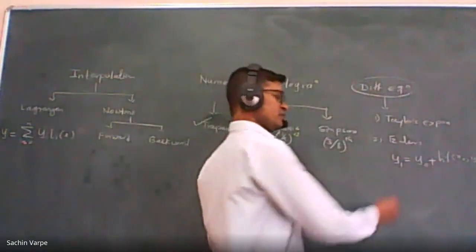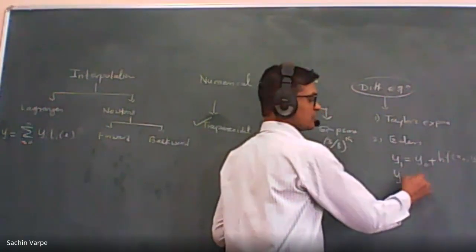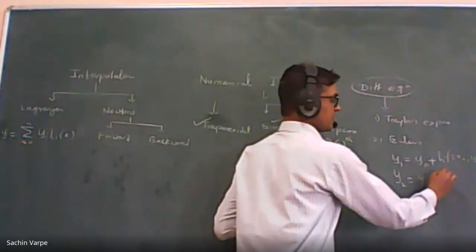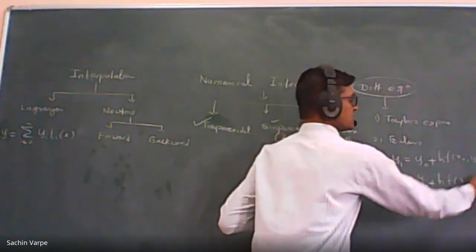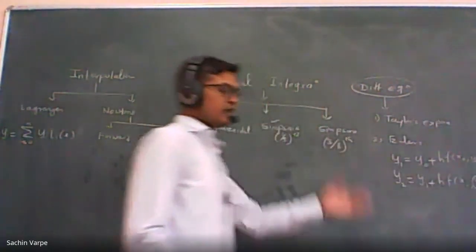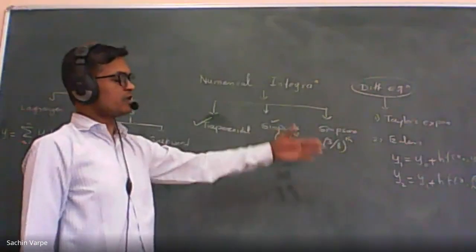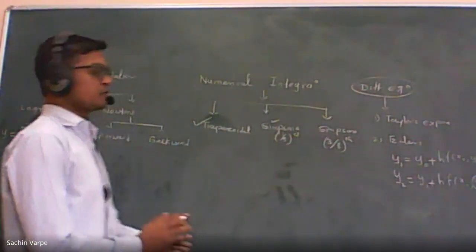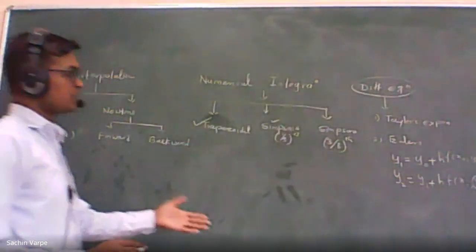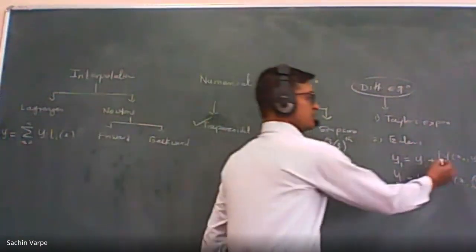That y1 we'll use to get the next ordinate y2, that is y1 plus h times the function value at x1, y1, isn't it? And so on, we'll get the values of the ordinates, as many as we have been asked to evaluate, and that is decided by the value of h given.